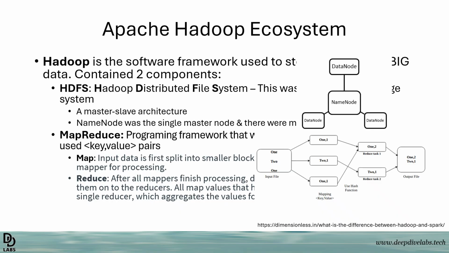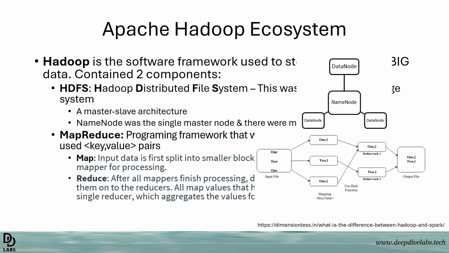MapReduce is a programming model within the Hadoop framework that was used to access big data stored in the Hadoop file system. You can see a very simplified view of the mapping step in the visualization. It took the input data and split it into smaller blocks, so each block can be assigned to a mapper for processing. This helped to parallelize the big data processing.